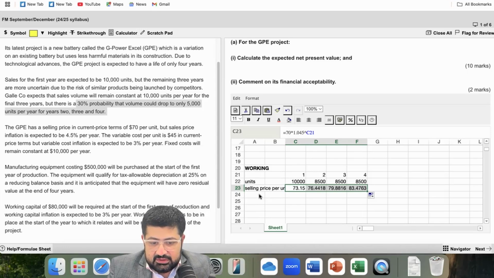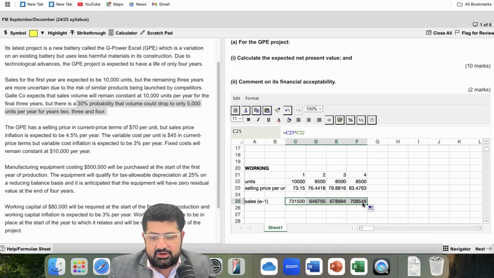And then sales we can calculate. So working 1 will be the sales: selling price per unit into number of units. And here we can drag it again. So sales have been calculated.